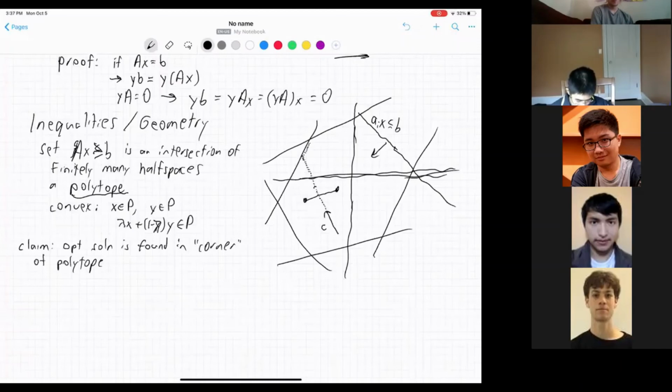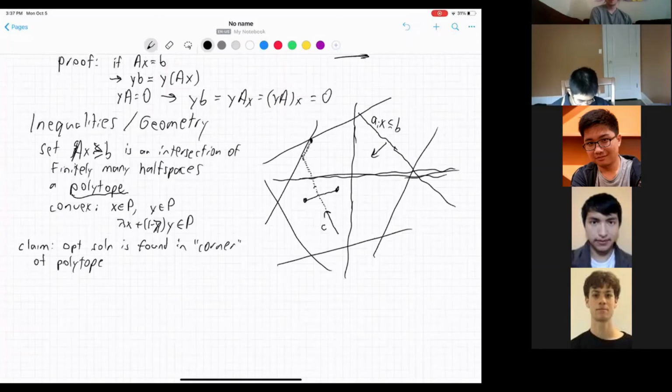And so I'm going to be able to keep moving until I hit some other constraint, right? And at this point in my picture, I've now got two constraints that are each preventing me from improving on my objective. And those two constraints together mean that I can't get any better in any direction.